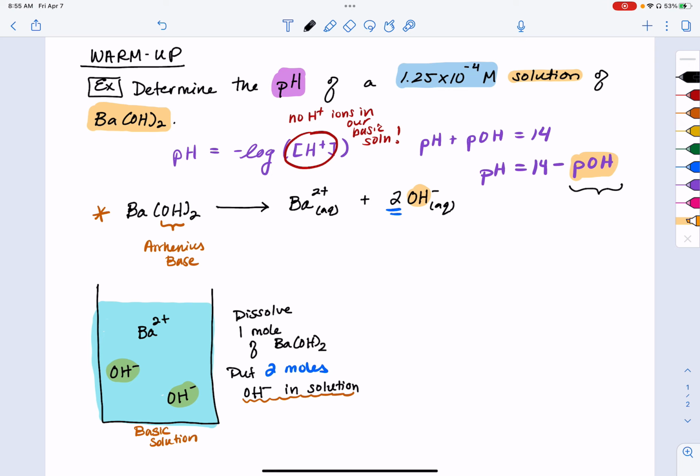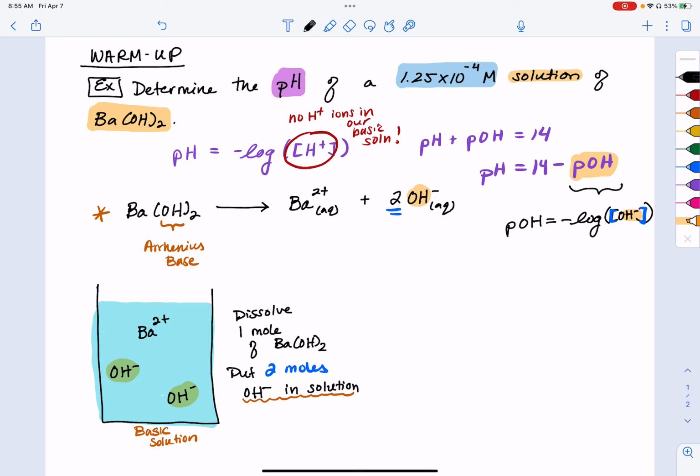So pOH, by definition, is the negative log of my concentration of base particles, hydroxide ions. This is what we have in solution, and we should be able to figure out its concentration. So we're going to have to solve for pH indirectly by first solving for pOH.